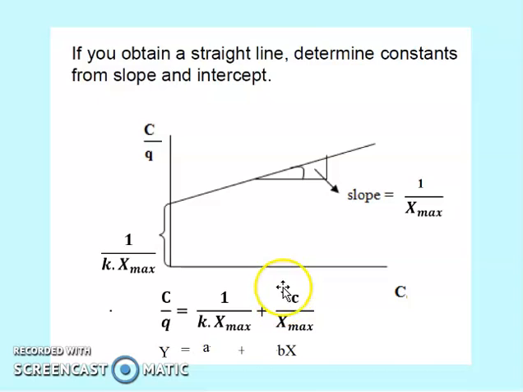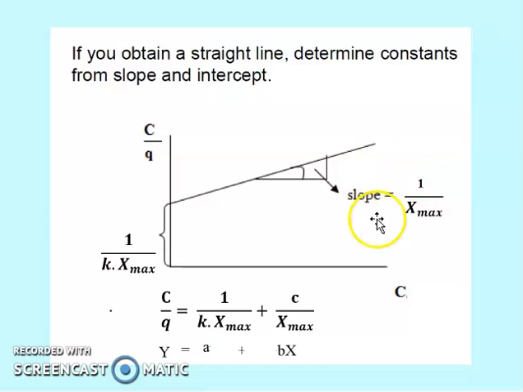So the slope is B, which should be 1 over X max. Is this correct? Yes. And here is the intercept point. If the intercept is 10 or 9, then 1 over K X max will equal 9. Calculate the slope. The slope will equal 1 over X max. If the slope here is, for example, 2, then 1 over X max equals 2, so X max equals half.